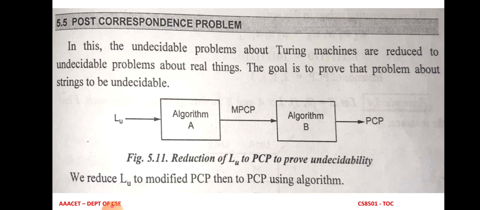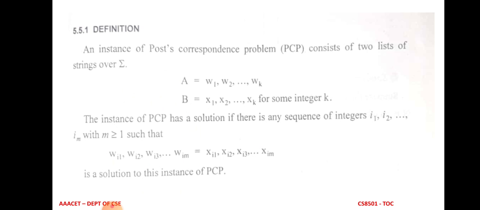PCP is converted into MPCP using algorithm A, and MPCP is converted into PCP using algorithm B. In this diagram we can clearly understand that we can easily convert PCP into MPCP and also MPCP into PCP. So this is the definition of PCP.